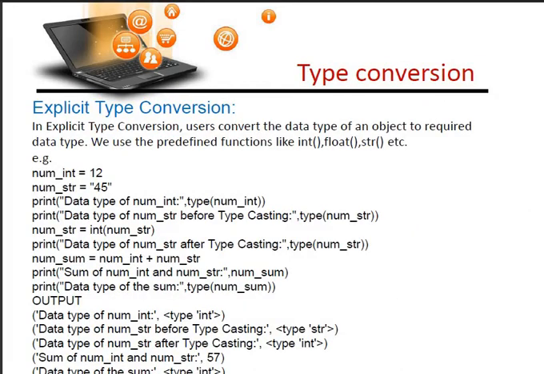Now another one is explicit type conversion. Explicit type conversion means which is done forcefully, which does not happen automatically. Like if we want to convert a string into an integer, this is the way.